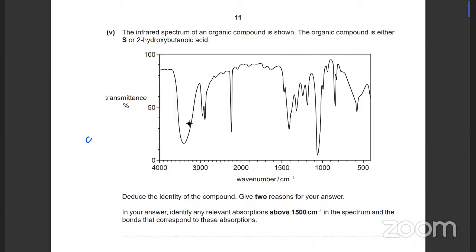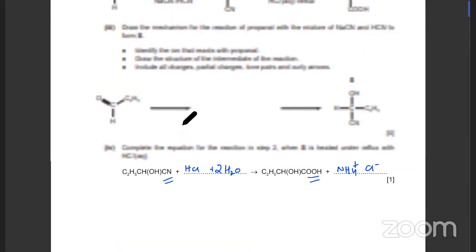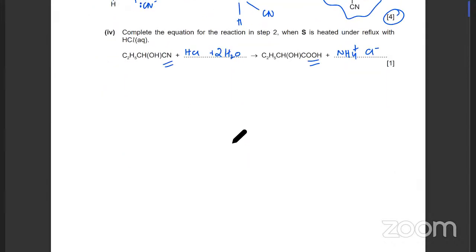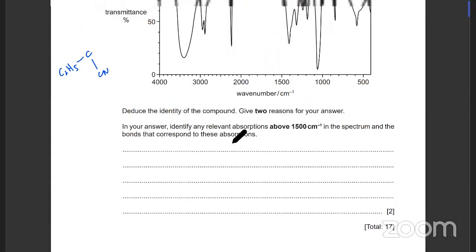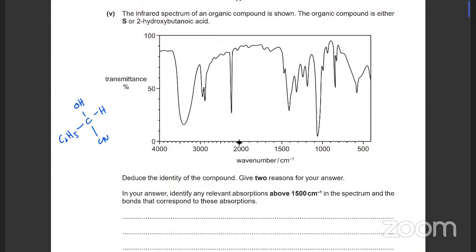S had a CN, it had a C2H5. And what else did it have? It had OH and H. And he's talking about the other compound, 2-hydroxybutanoic acid. So that's butanoic acid with double bond O and OH, and 2-hydroxy means the OH is on the second carbon.